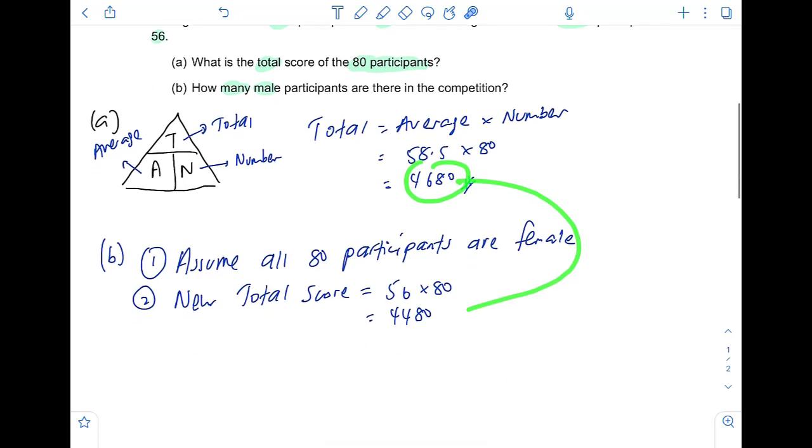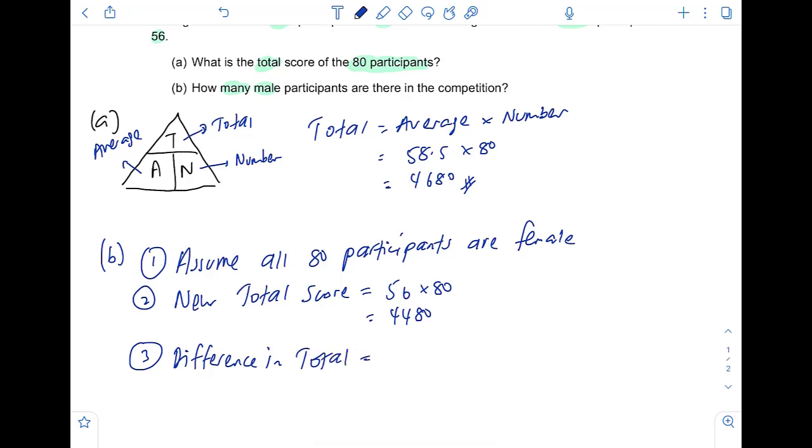There's a difference here which we need to do something about. So the third step is to find this difference in total. This will be 4680 take away 4480, which will be 200.